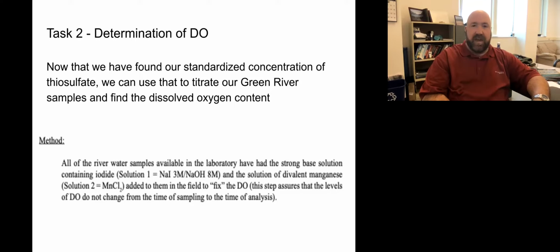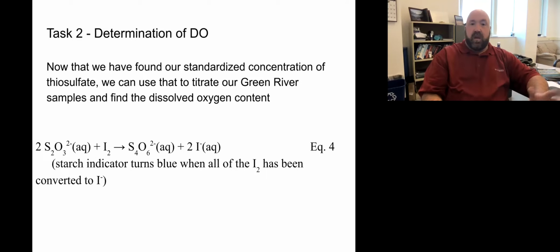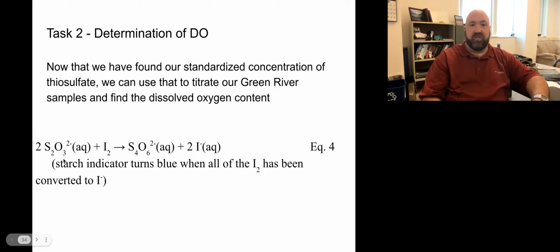Now let's take a look at how you're going to actually do the calculations for this. Remember that this is the basic reaction that we're running. Everything's been done in the samples to convert the O2 over to the I2. And remember that the thiosulfate then reacts with that. The starch indicator will turn blue with the I2 in there, and then will turn clear once all the I2 is actually gone.